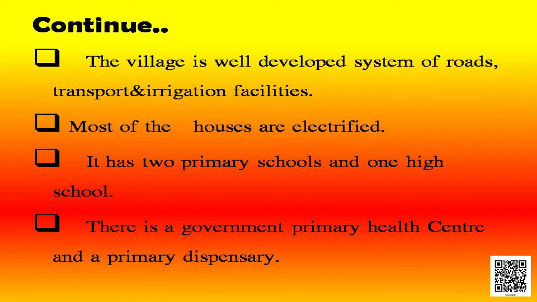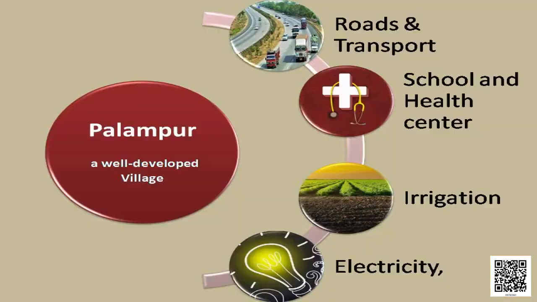Now, let us go to the next. You can see in the picture the roads and transport shown in pictorial form, then schools and health centers, then irrigation facilities and electricity. All those necessary things are jotted down here and shown in graphic form.